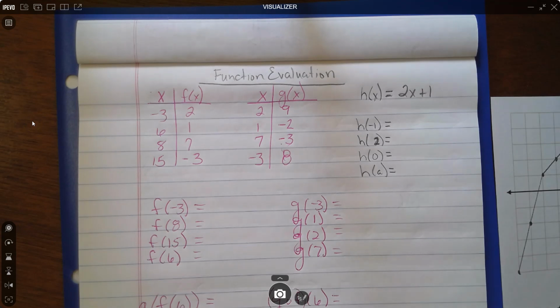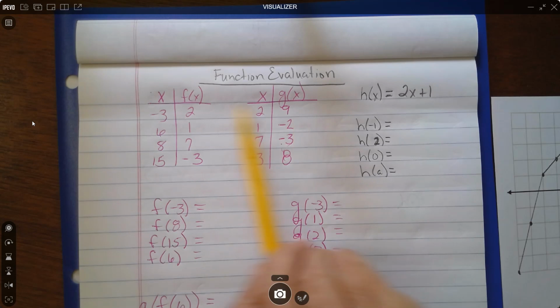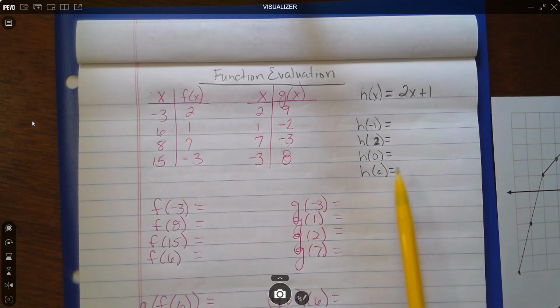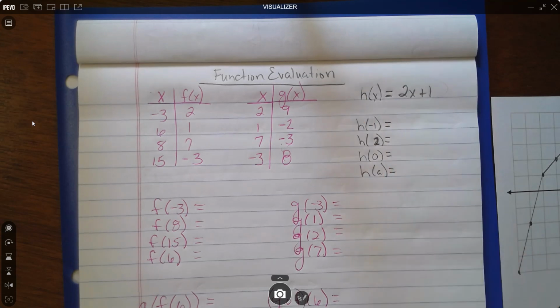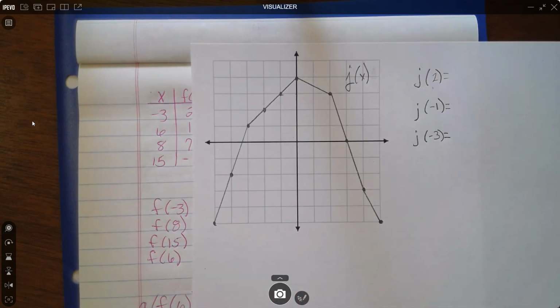The next thing we're going to review is what we call function evaluation, and it doesn't matter whether your function is given to you in the form of a table or an equation or a graph.